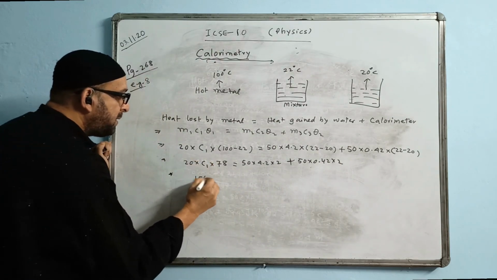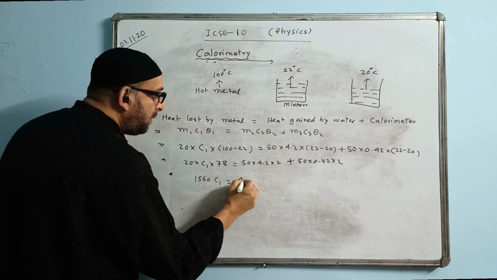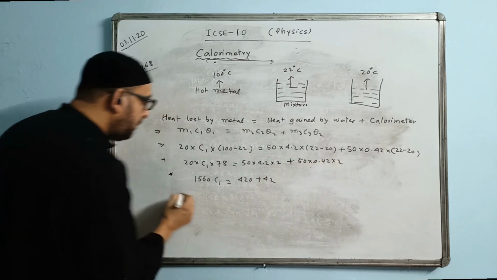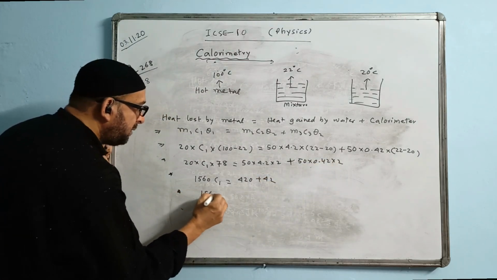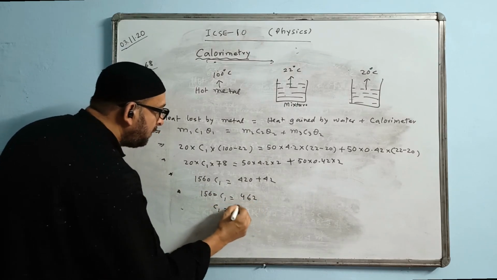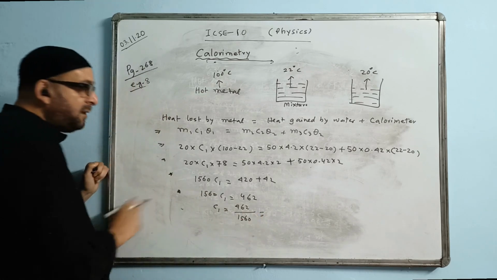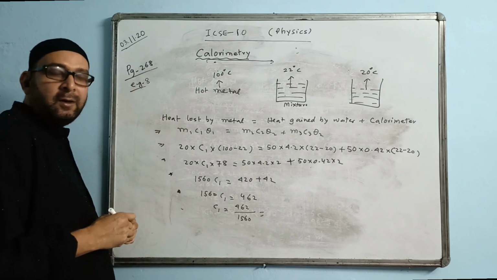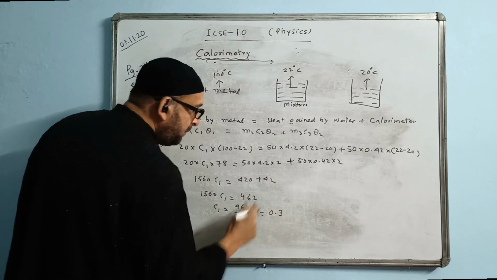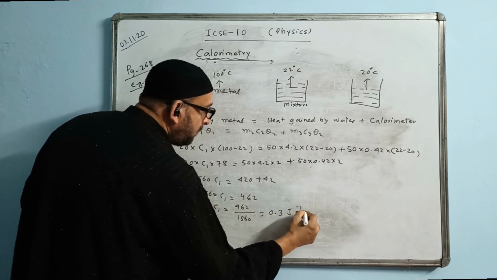This will be 1560 C1. 100 into 4.2 becomes 420, and 100 into 0.42 is 42. Adding, we get 462. So C1 equals 462 by 1560. We will divide and give the answer at least to one decimal place. The answer comes to approximately 0.3 joule per gram per Kelvin.